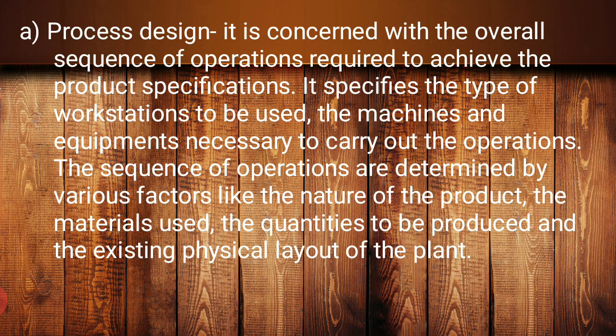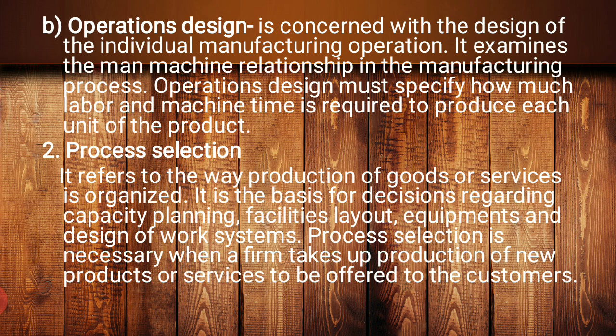But when we are talking about process design, it involves the overall designing, meaning what type of operations, how many operations would be there, right? What type of machines and equipments will we require, what factors do we need to consider, what will be the nature of the product. So many things we need to consider, and then we design the process.